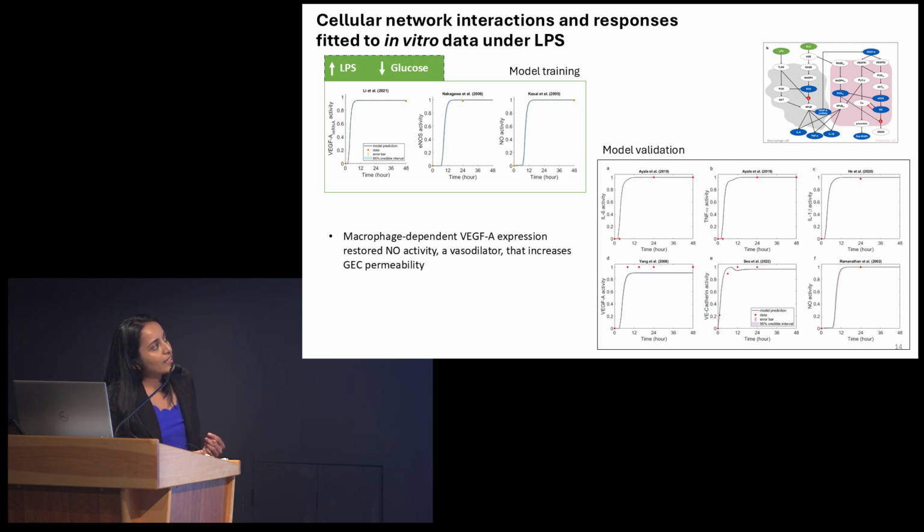Nitric oxide is a vasodilator, so it could be indirectly related with leaky endothelial cells as well as increased glomerular endothelial cell permeability. These results were also validated using experimental data that was not used in fitting.